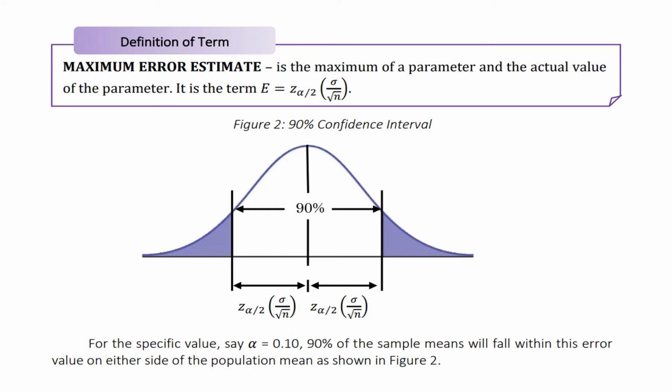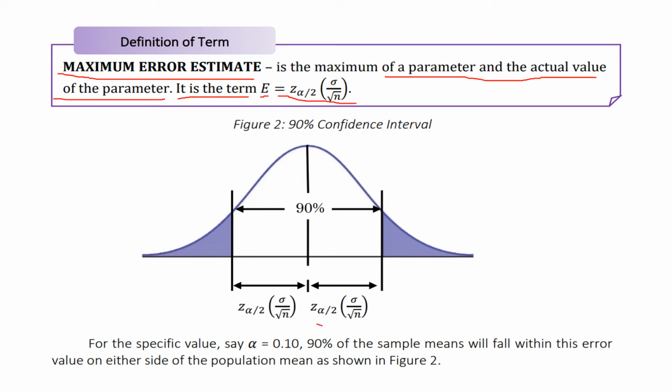So for the definition of terms, the maximum error of estimate is the maximum difference between the parameter and the actual value of the parameter. It is the term E, which is equal to C sub alpha over 2 multiplied by sigma over square root of n.